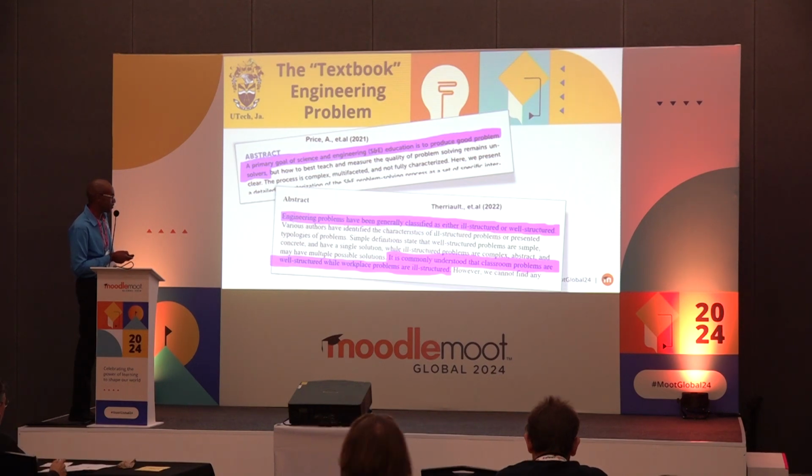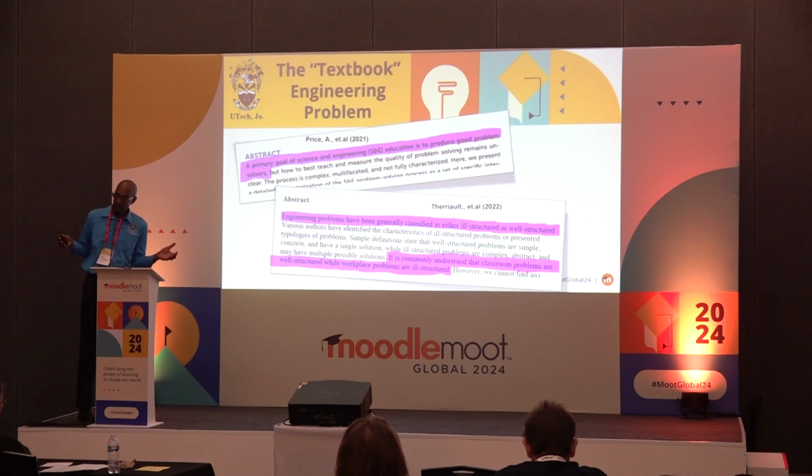One is called ill-structured, and the other one is well-structured. And ill-structured doesn't really mean bad. It just means not clear. It depends on the problem solver to find the structure, to find the approach.